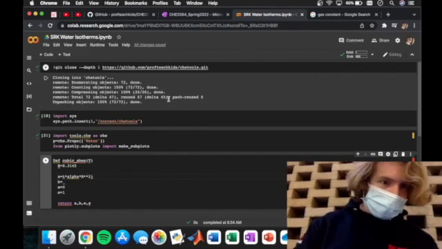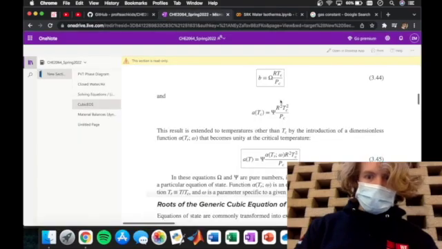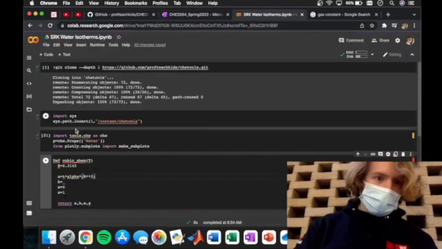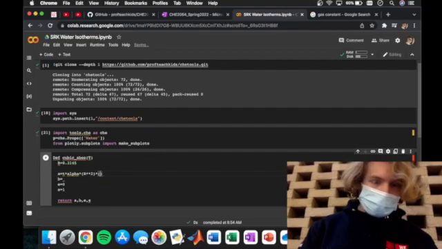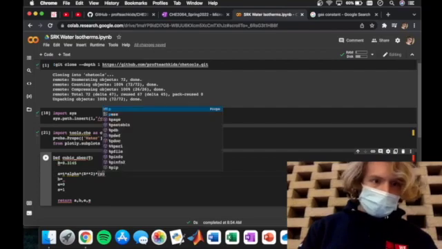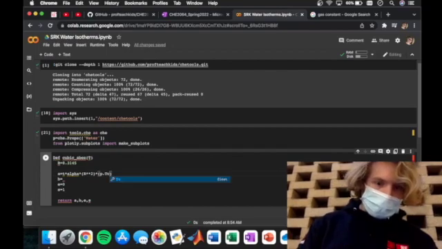Get some parentheses going on around there. And then for the critical temperature, we're going to go ahead and use our repository over here. So we're going to go times, get some parentheses, p dot tc, and then that's going to be squared.